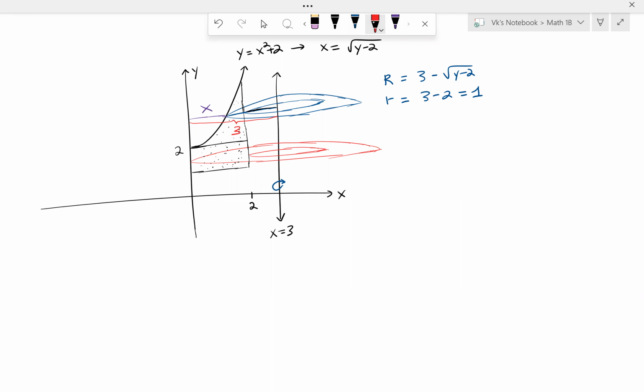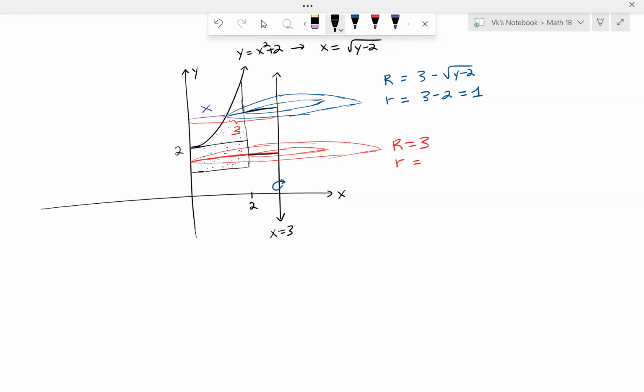Now, for the washer below, the outer radius is this one. As you can see, that is exactly a distance of 3. The inner radius is this one.